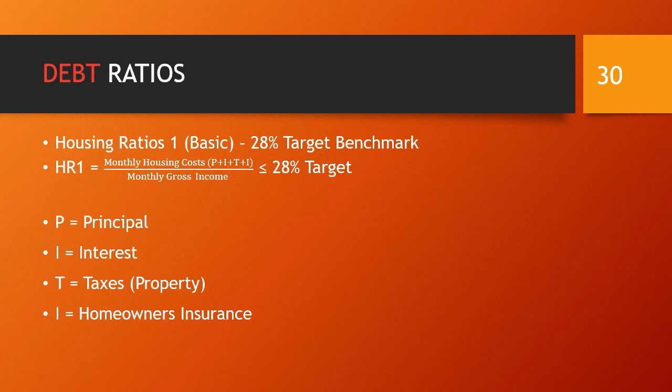The lower it is, the easier it is for you to obtain a loan for whatever property you're looking at, right? Just because it exceeds 28% doesn't mean you can't get the loan. It just makes it harder. The closer it is to 28, or the greater it is than 28, the less likely you are going to be able to get the loan.